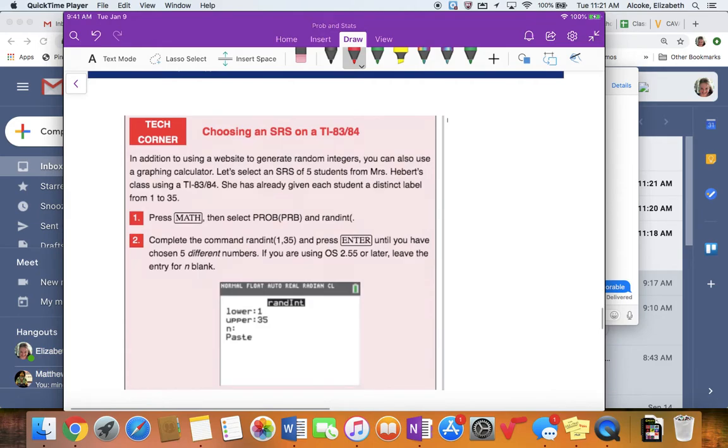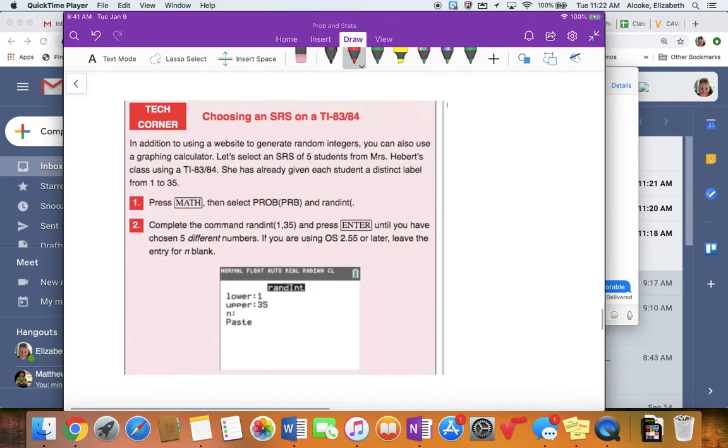Here is how you can choose an SRS on a graphing calculator. You go to Math, then PRB, which stands for probability, then RandInt, which stands for random integer.